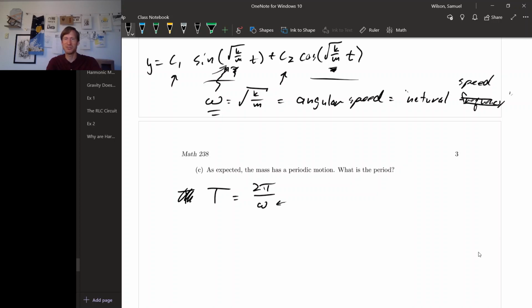So a larger angular speed gives you a smaller period. So in general, the period is going to be 2 pi over square root of k over m. So that's 2 pi times the square root of m over k. All right, have a look at the next one by yourself.